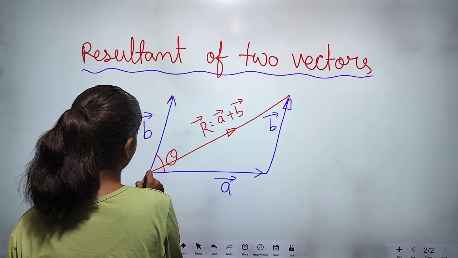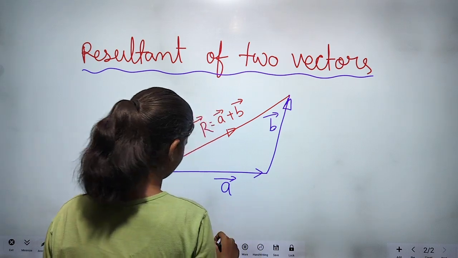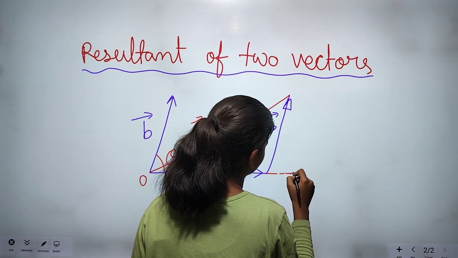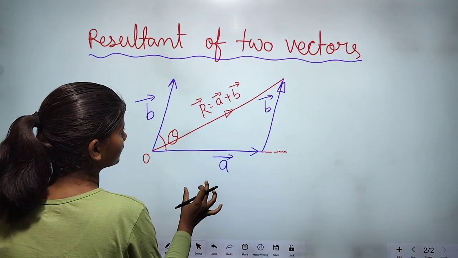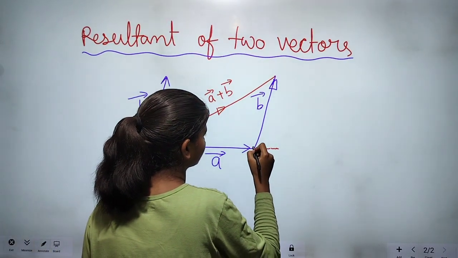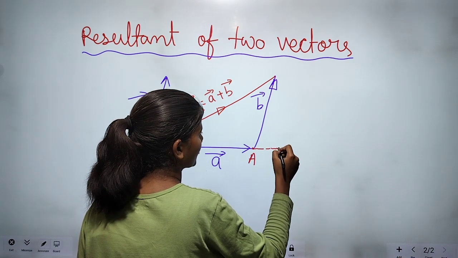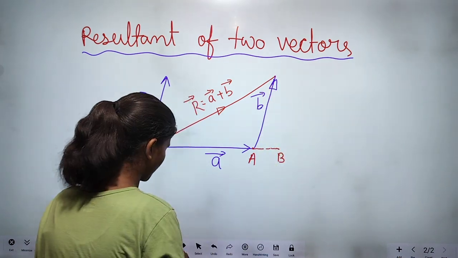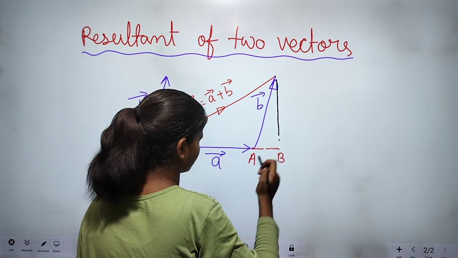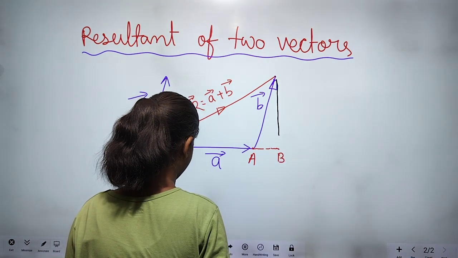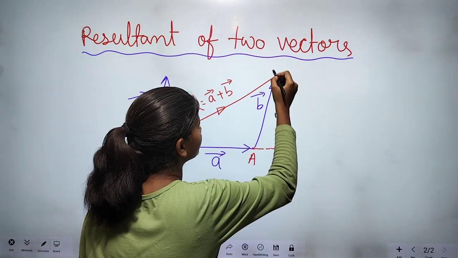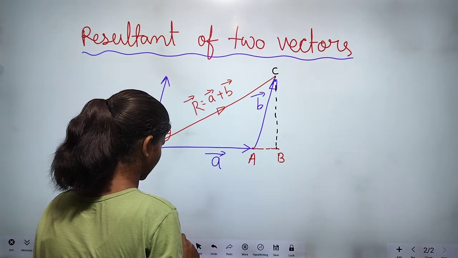Now let's say this one is our O. This line, here this one is our A, B. And now draw perpendicular OB, BC.